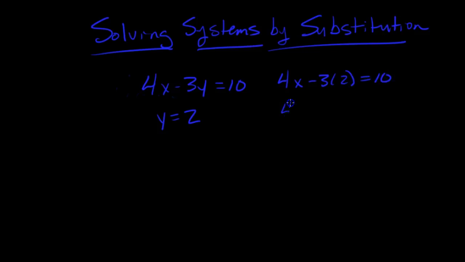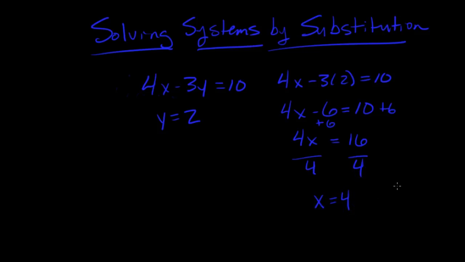And then I would get 4x minus 6 is equal to 10. Then I would solve. I would add 6 to both sides. I'd get 4x is equal to 16. I'd divide by 4, and I would get x is equal to 4, right? So I would just simply substitute that 2 in for y, and then I could solve my equation.